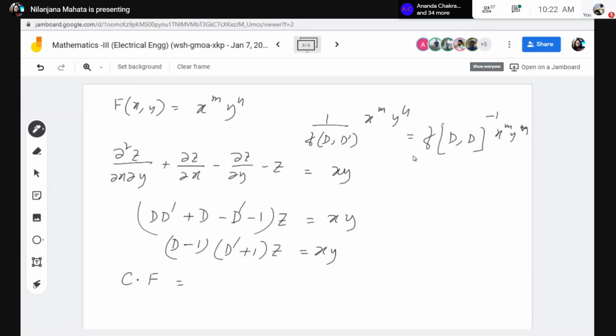What you have got for your CF? Ma'am, e to the power x into f1 of y, plus e to the power minus y into f2 of x.